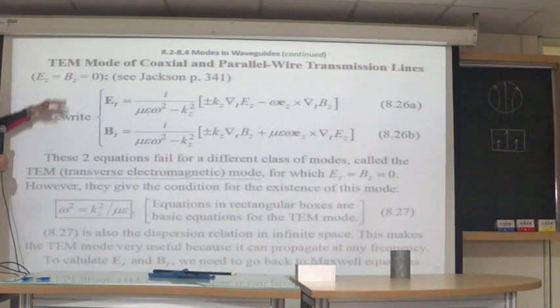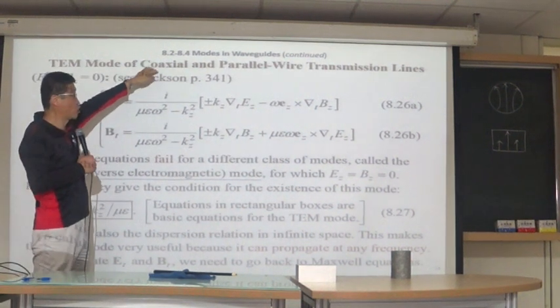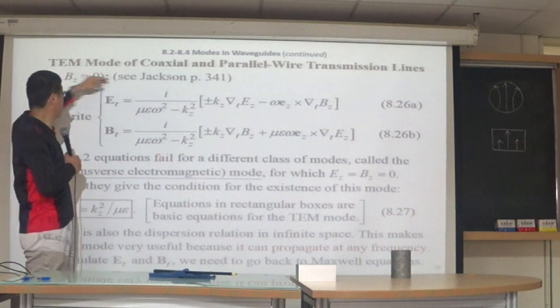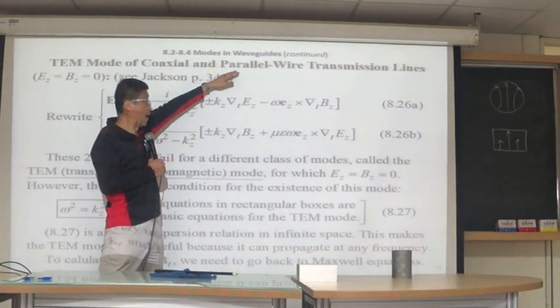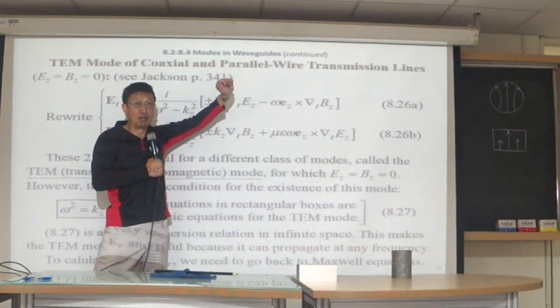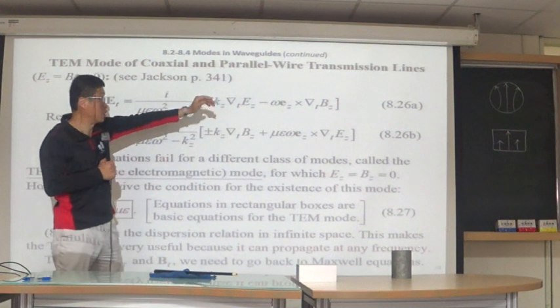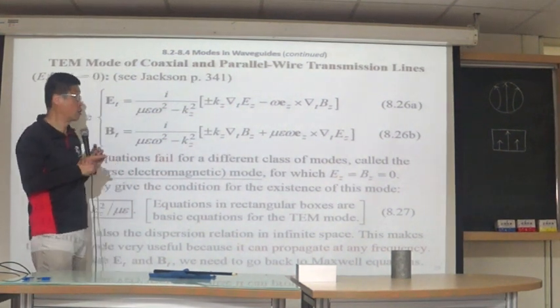Here is another example. TEM modes of coaxial transmission line. TEM modes of parallel wire transmission line. But here, we just consider coaxial only. We do not consider parallel wire transmission lines.